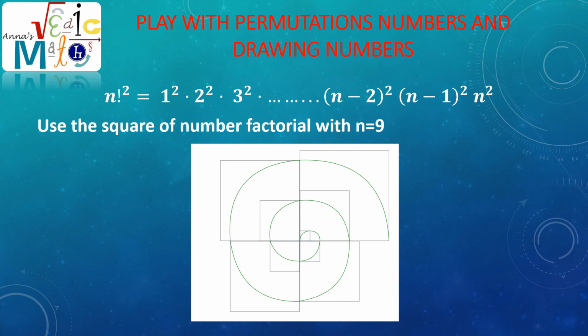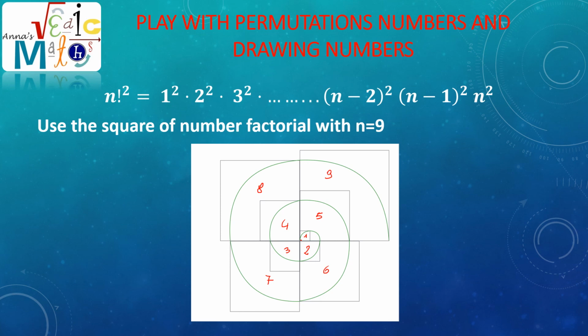We draw 1 squared. At the point we finish, we draw 2 squared. Then we draw 3 squared, 4 squared, 5 squared, 6 squared, 7 squared, 8 squared, 9 squared.